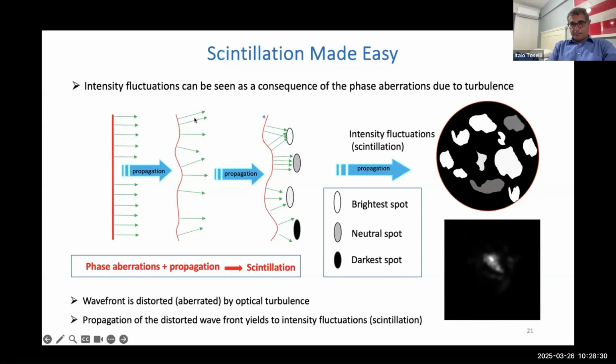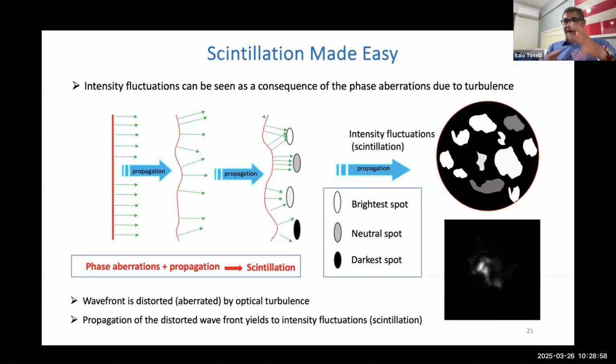Then, if you think of it with ray optics, you have some rays that are diverging, others that are converging, so they are going to bring away light or focus light, and you get these different zones with different brightness. So you're going to end up with darker and brighter regions.